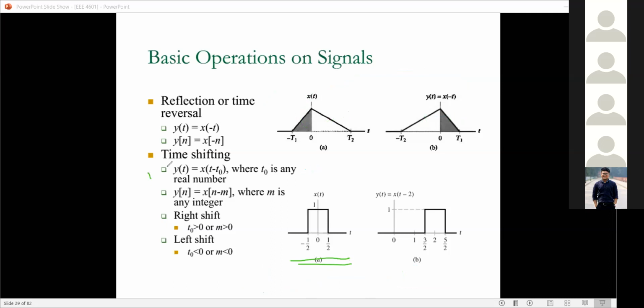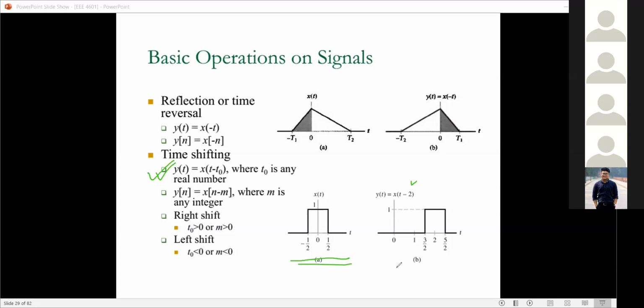We are making this shift to prepare a signal y(t). As an example, how to verify this figure: just by using the same technique that we have followed there.